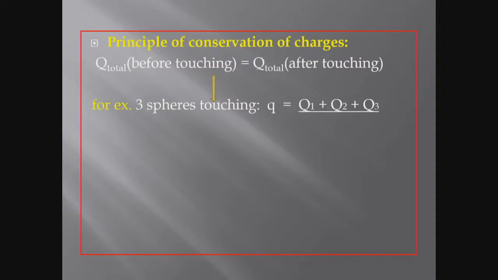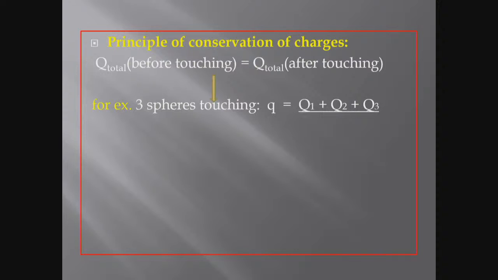Then you get the total charge or the net charge before touching, and then you know that after the spheres have been touched, the total charge of the three spheres must be the same. So it must be after touching Q1 plus Q2 plus Q3 also.